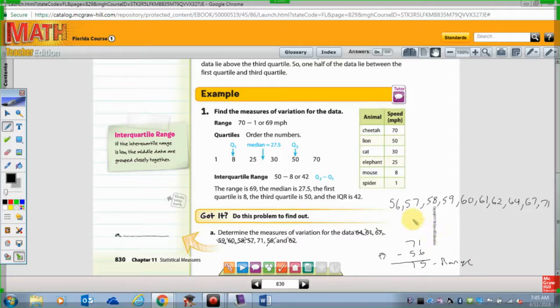Then I have to find my median. So I look at the set, there's 1, 2, 3, 4, 5, 6, 7, 8, 9, 10. So it's an even set, so I've got to find the 2 middle, add them together and divide by 2.